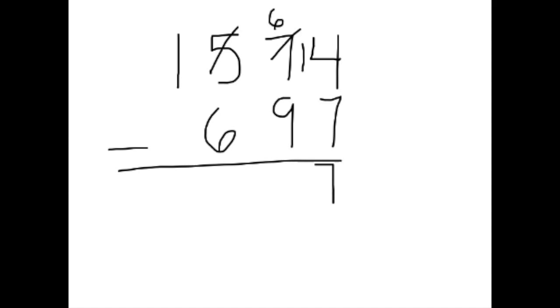And that makes it a 4 over here, and that makes 16 minus 9, and that is 7 also. And then 4 minus 6, we can't do that. Let's borrow from there and say 14 minus 6, and we get 8. Just remember, you must borrow when you cannot subtract from a smaller number.